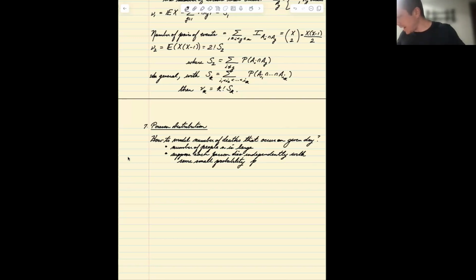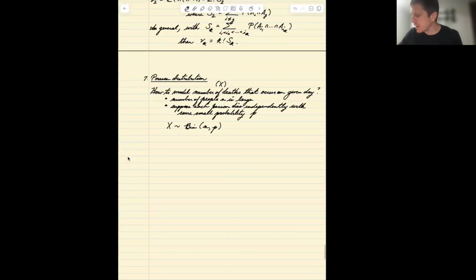So in this case, if X is the number of deaths, then X is binomial(n, p). It's the sum of the number of individual independent events, all with the same probability. Those are Bernoulli random variables. For each person, it's either a 1 if they died and 0 otherwise.